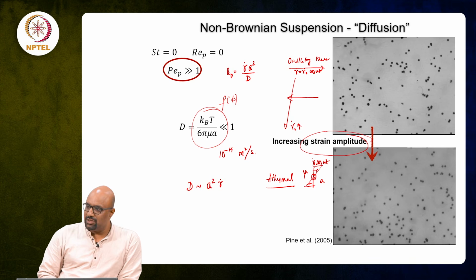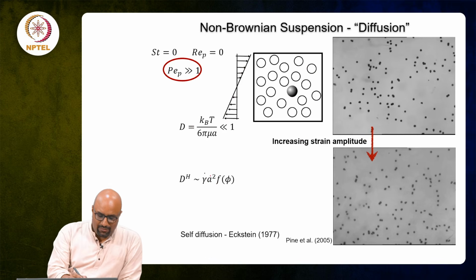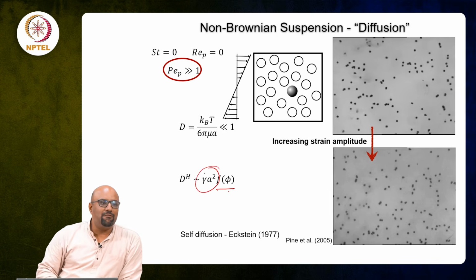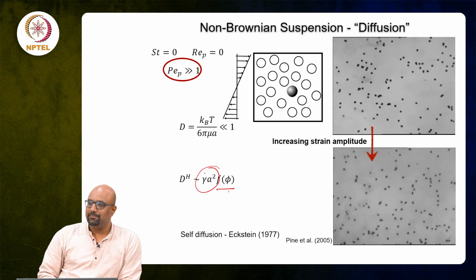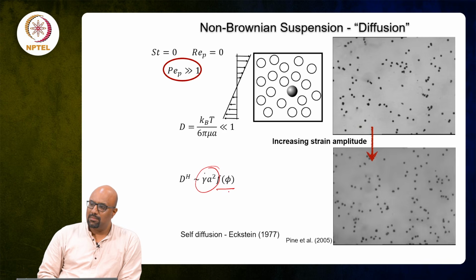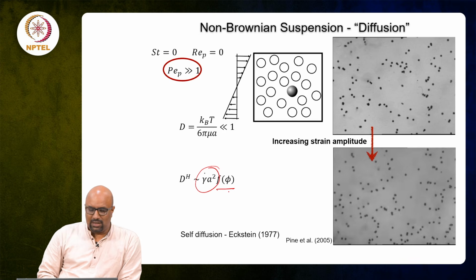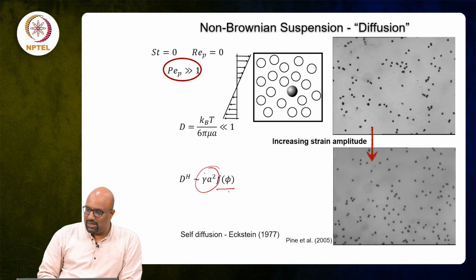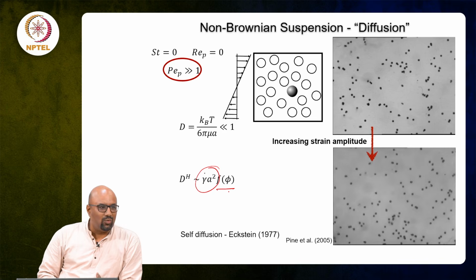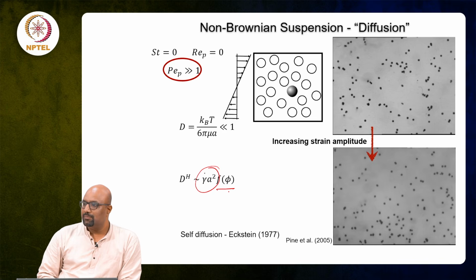So, actually what you would have is gamma dot A square times some function of volume fraction. Now you may ask, okay, this is dimensionally making sense, but what is going on, where is this coming from? Just by increasing the shear rate, why is this kind of behavior happening?